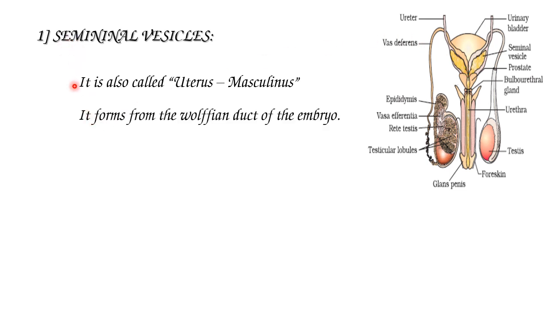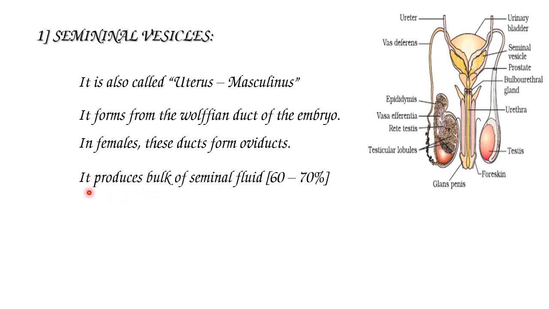The seminal vesicles form from the Wolffian duct of the embryo, and the Wolffian duct is the precursor of the reproductive organ in the male embryo. In females, it forms the oviducts.